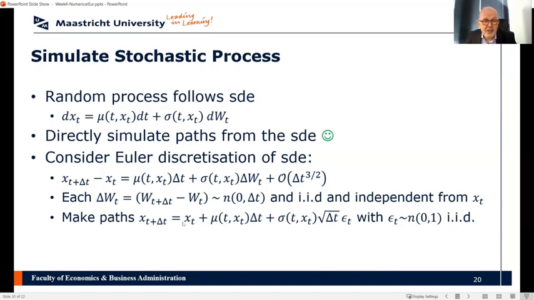You start at your initial value X0, and then you push your X process forward with time steps delta t, using these epsilon random variables to generate a stochastic path. And for smaller and smaller time steps, the discrete delta t approximation of the path converges to the true stochastic process.